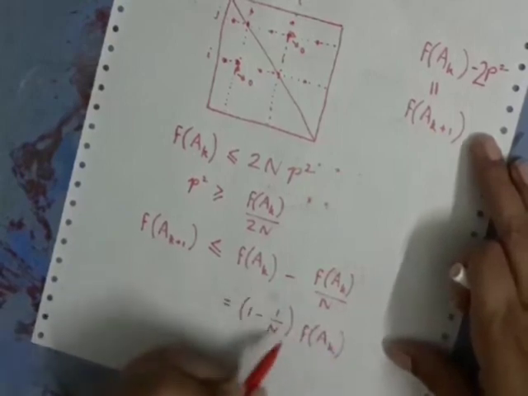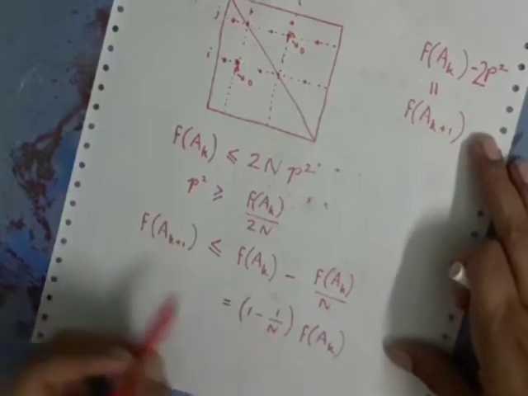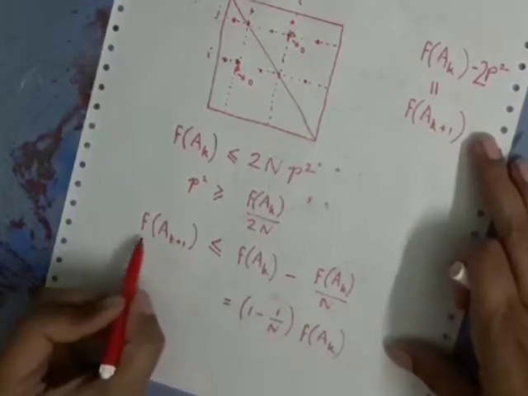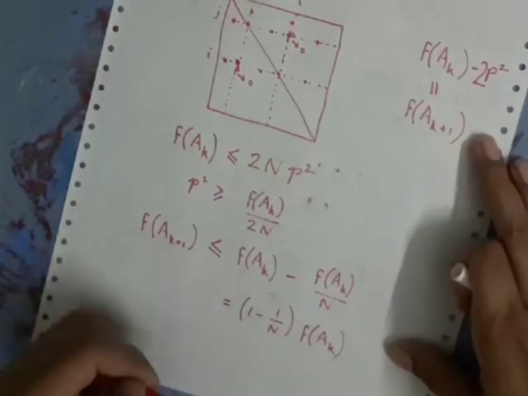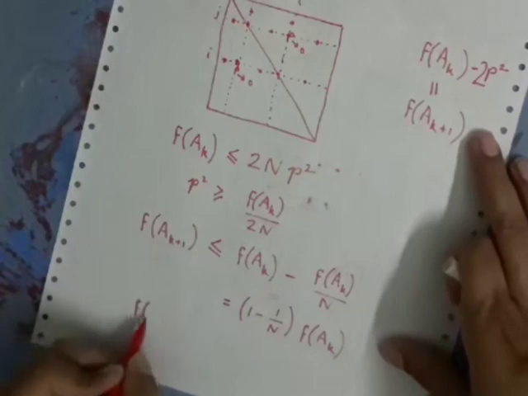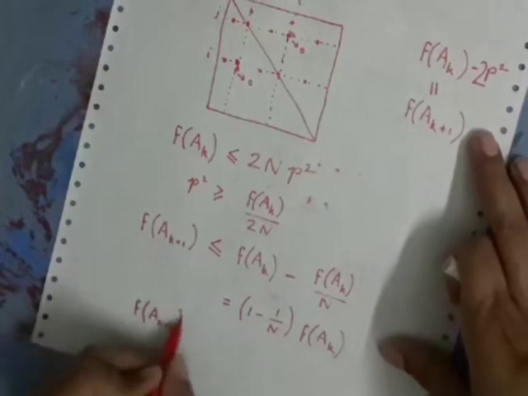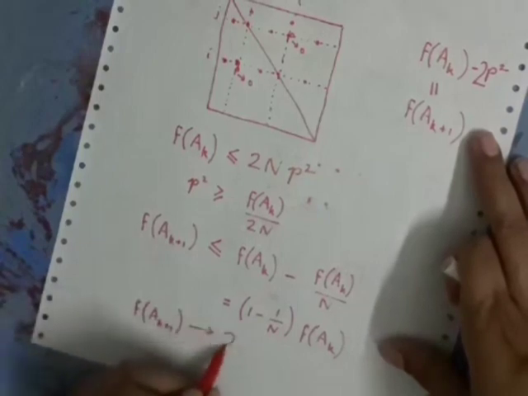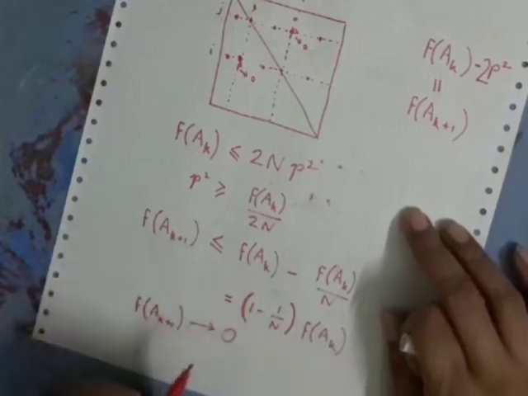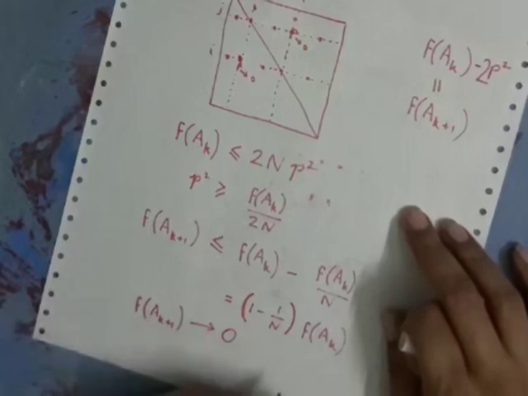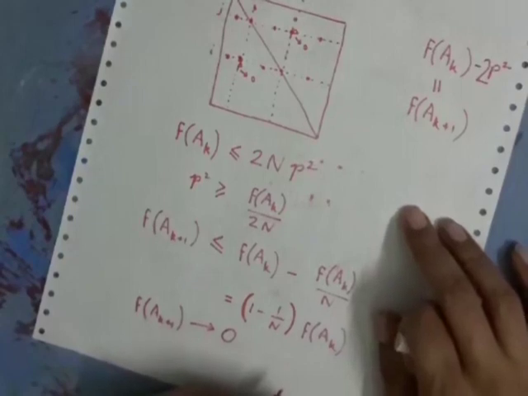This quantity is strictly less than 1, which shows that at every step f of A k plus 1 is coming down. So what it says is that f of A k must go to 0. And this factor being strictly less than 1, it will come down at a geometric pace and eventually approach 0. And that will complete the proof that all the off-diagonal entries must individually approach 0.